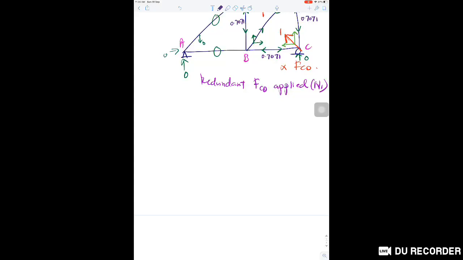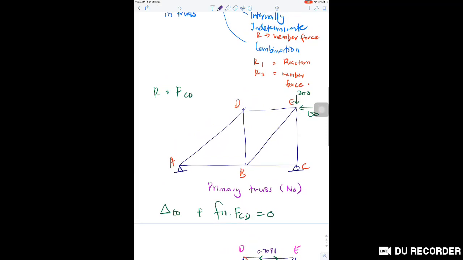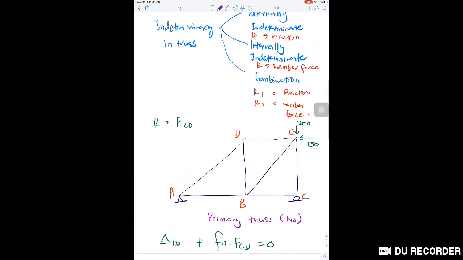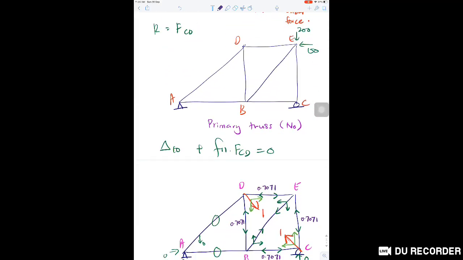Okay, this is the example where the external forces is given in the system. There is a case when the truss has no external force in the system, but the truss may have other effect which come from temperature changes or fabrication error.